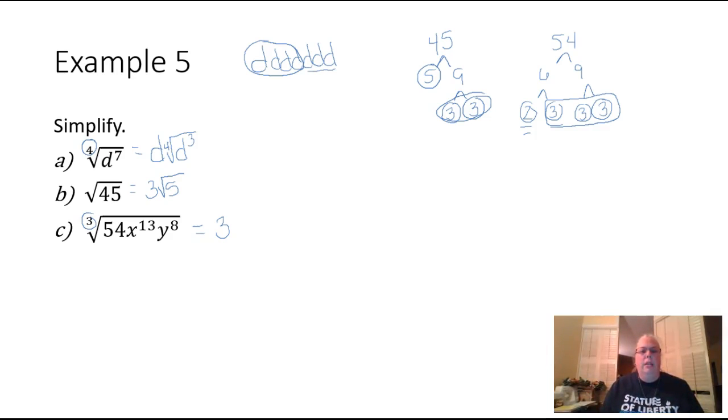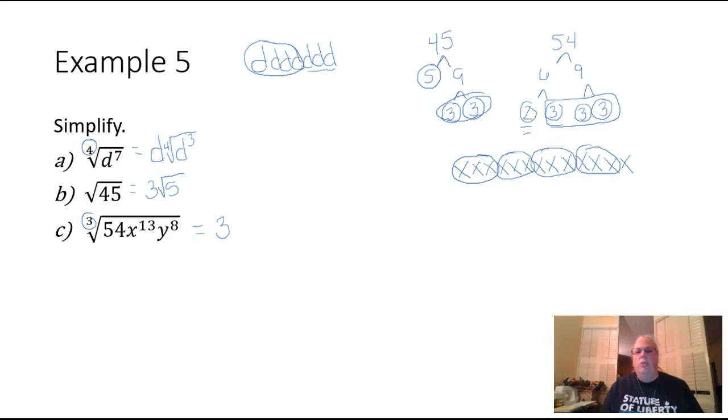All right, so let's take a look at the x. I've got 13 x's. And I'm looking at groups of 3, so here's 3, here's 3 more, here's 3 more, and here's 3 more.